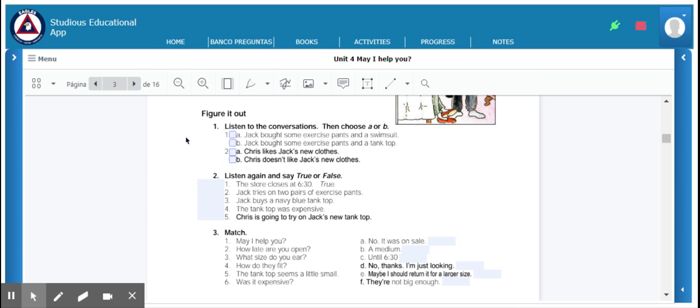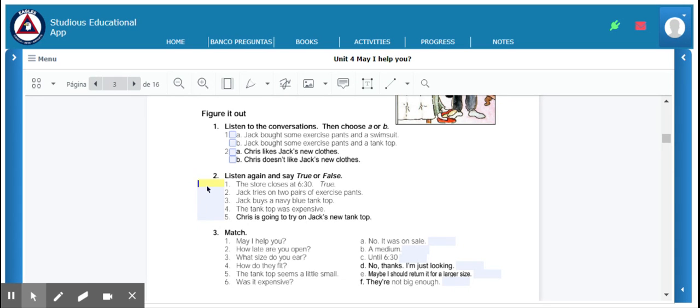The next one is number 2, which is a true and false exercise. All you have to do is answer with true or false depending on what the statement is saying. Number 1 is already done for you. It says the store closes at 6:30. That is true.